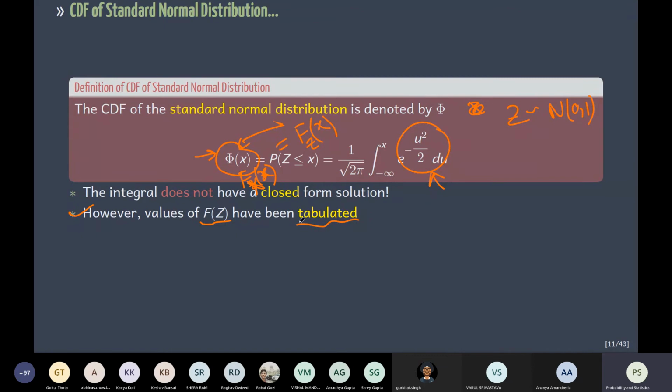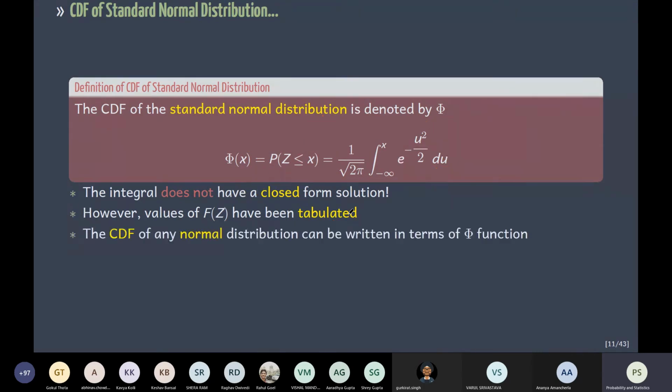So you have to rely on some tabulated data. If I put x equal to, let us say, half, then we have to look up a table to get the answer. These tables will be provided in the exams. The CDF of any normal distribution can be written in terms of the phi function.